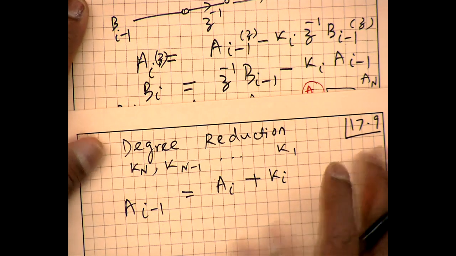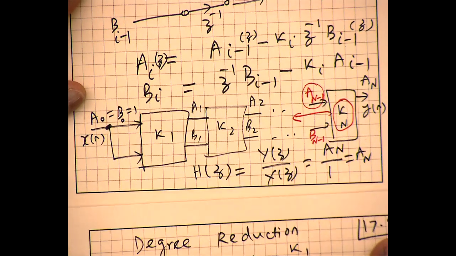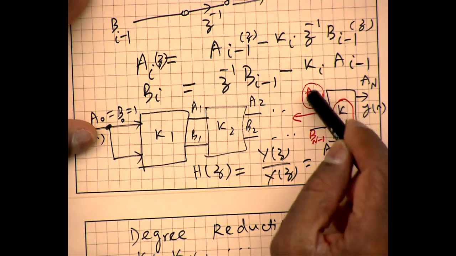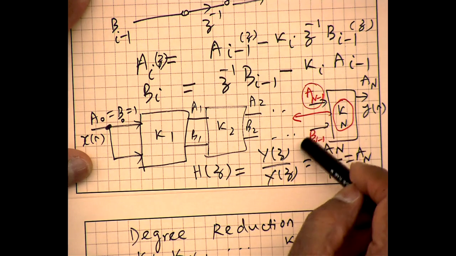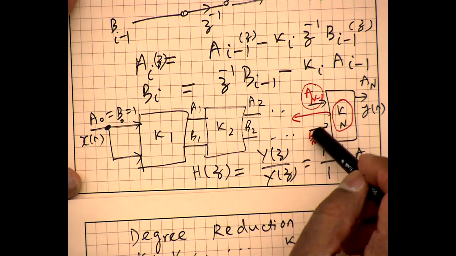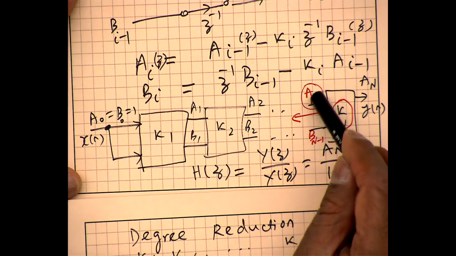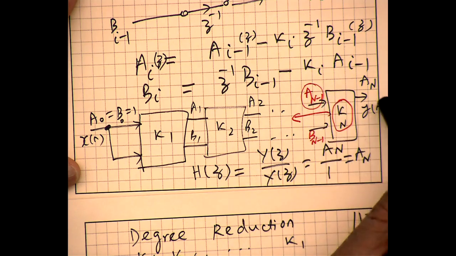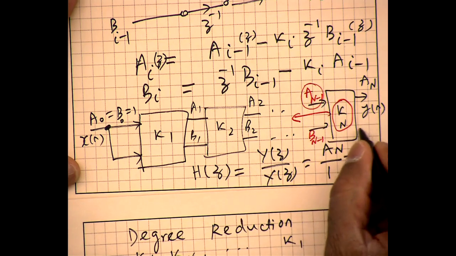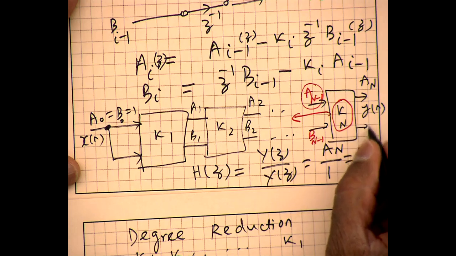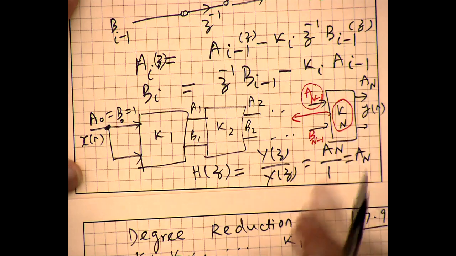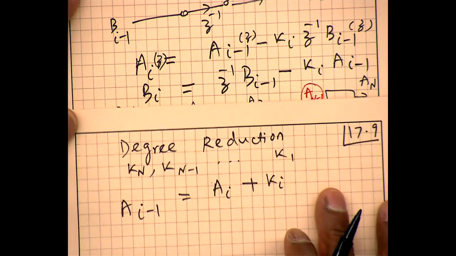So what exactly is known when I'm trying to compute An minus 1? We do not know Bn minus 1. In fact, we are trying to compute An minus 1 from An, and Bn, which is not shown here because we don't need that, is simply the reverse polynomial of An.